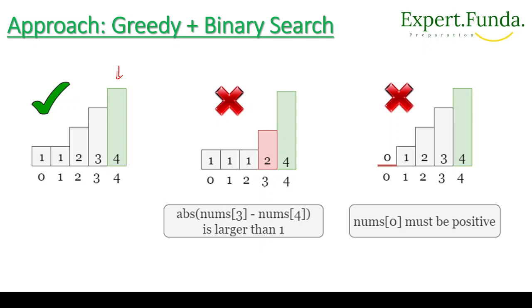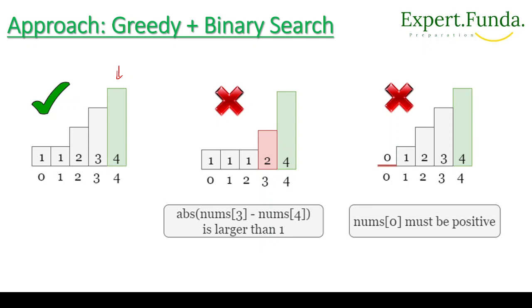And in order to maximize the nums at index, we need to keep all the other values as small as possible, right? However, we cannot take the other values to be smaller, right?